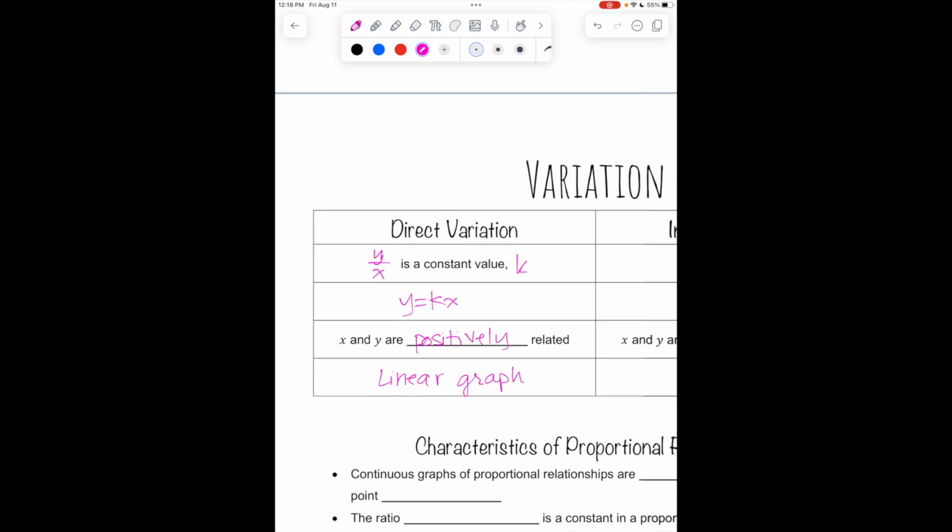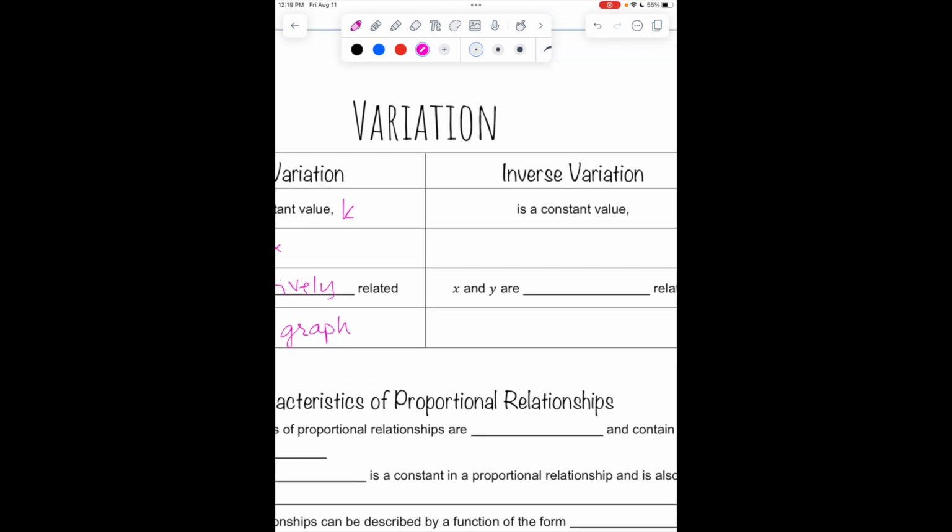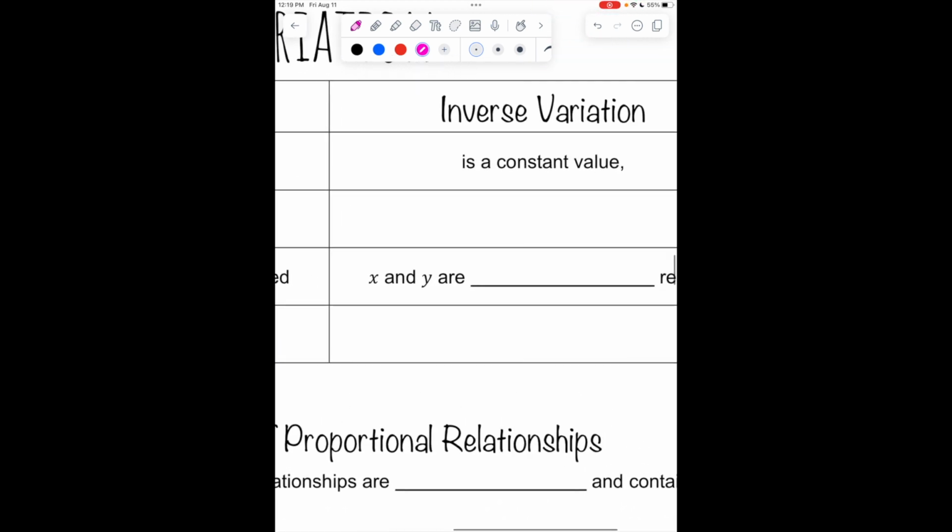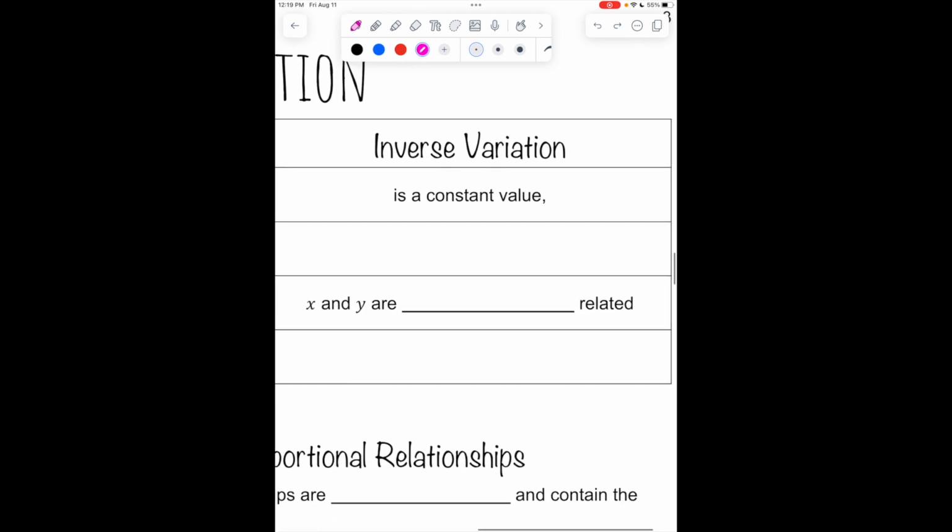So that's direct variation. Inverse variation is when you have x times y is a constant value. Same representation, still k.